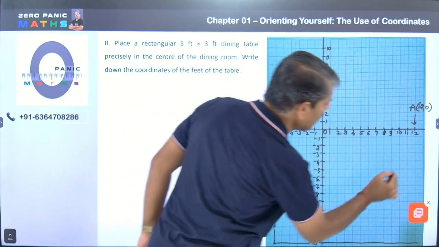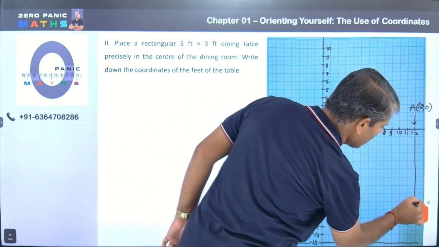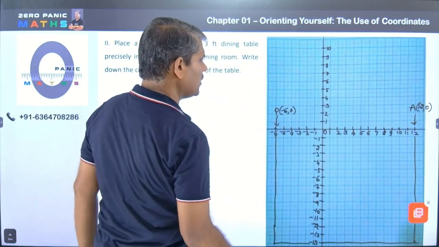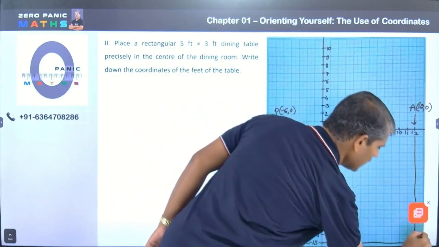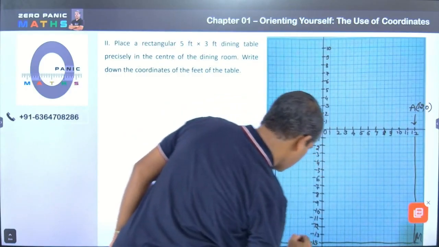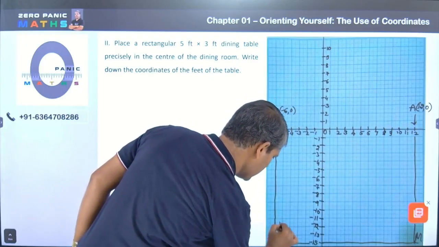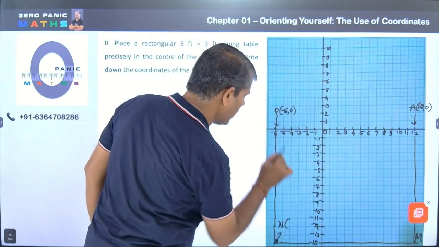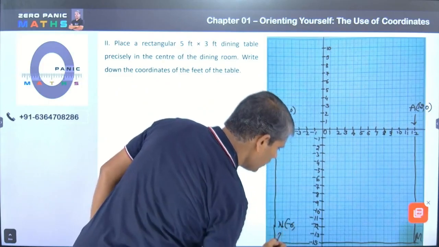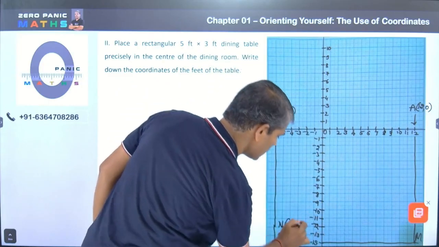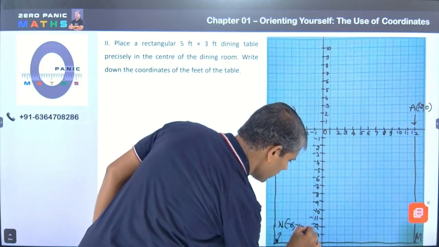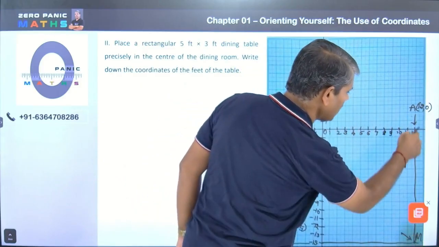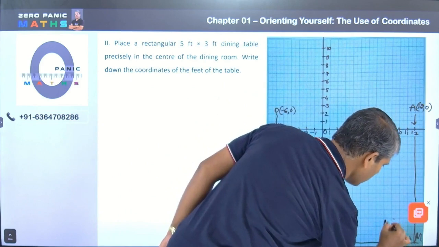And what will be the corner here? The corner will be this point. Now let me mark this as M and this as N. What is the x coordinate of N then? Minus 6. And we know the y coordinate, minus 15. Correct? Similarly, the x coordinate of the point M is 12, we know that.